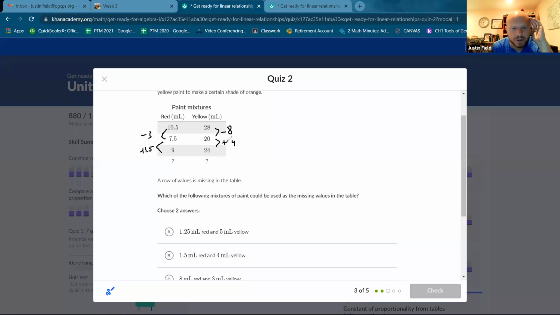A row is missing in the table. So it goes 10.5, 7.5 to 9. So it's like it went down, then up. But if we do 28 divided by 10.5, we get 2.6 repeating.